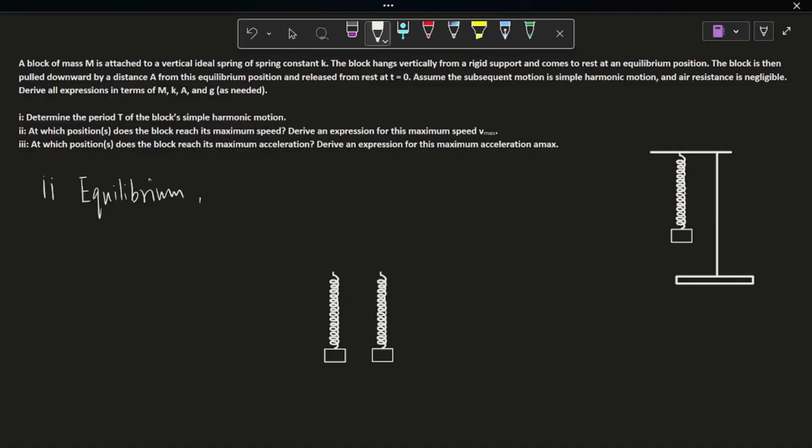And at its equilibrium state, originally, it's at rest. So the net force on the object would simply be Fs minus mg equals 0. And Fs, as we all know, is equal to kx.